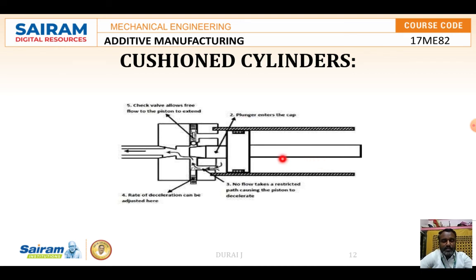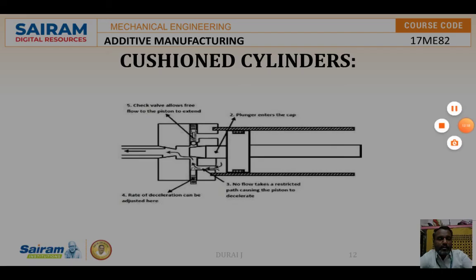Once it is released, the piston moves from right to left. This way it acts in only one way, so the pressure goes in this manner into the reservoir. Like this, the cushioned cylinder works.